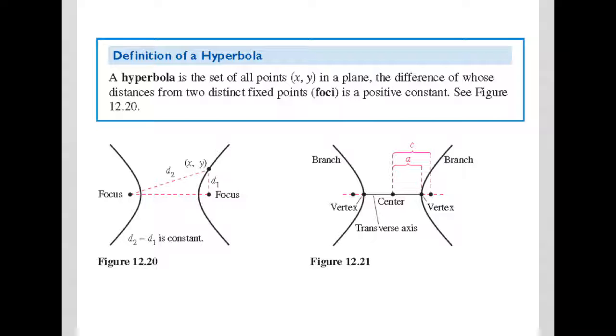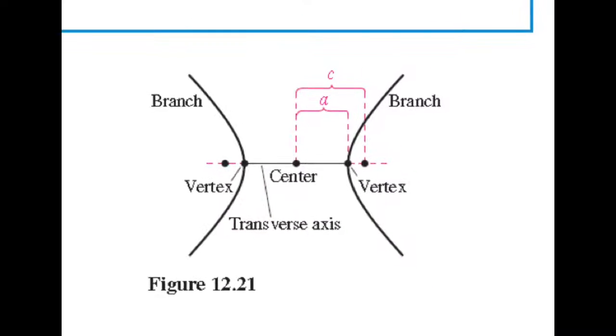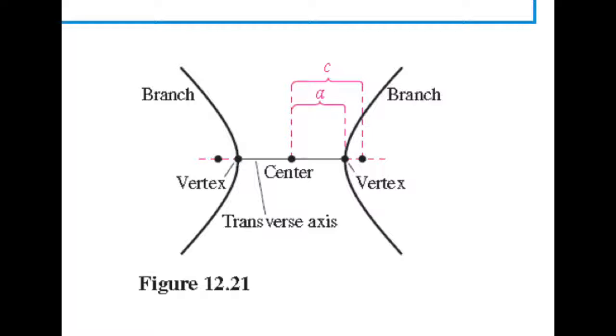So, just like an ellipse, we have some special pieces. We have the center, which we know is going to be at (h, k). We have the vertices, which we know will be at (h plus a, k) and (h minus a, k).